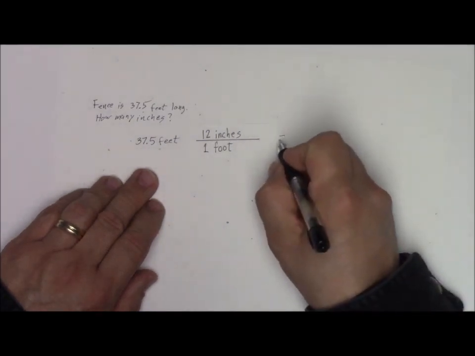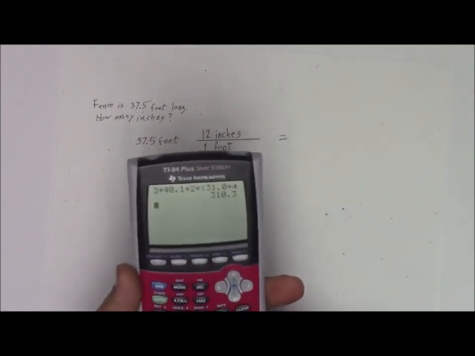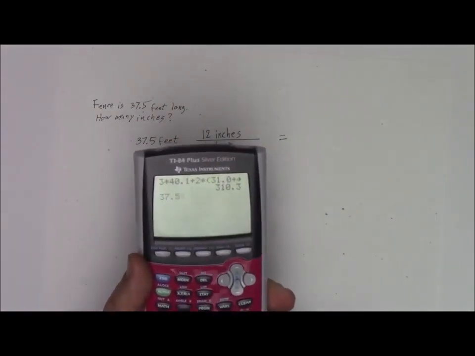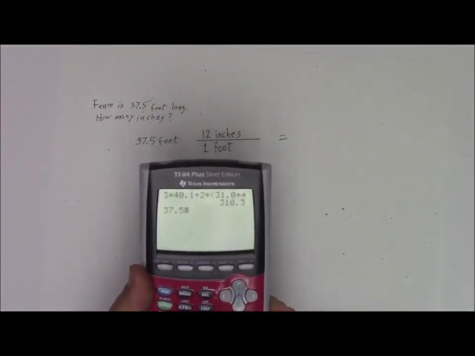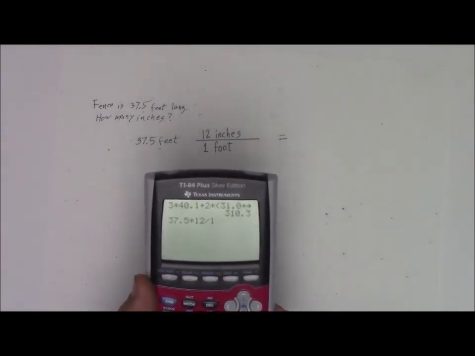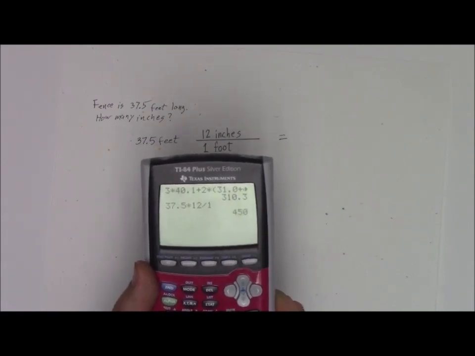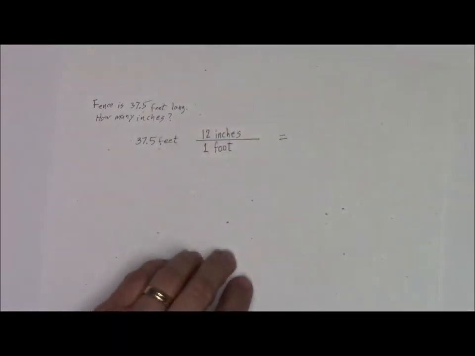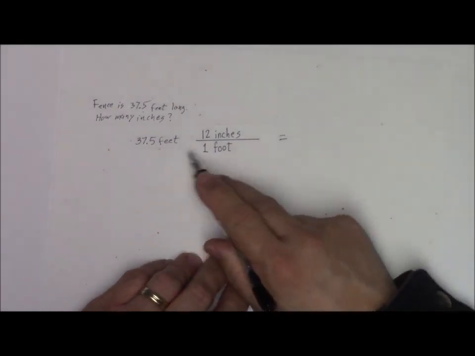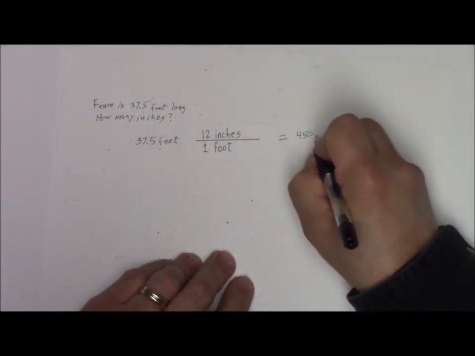So if we use that conversion factor, let's see what we get. 37.5 times 12 divided by 1, you don't have to really do the divided by 1, equals 450. So 37.5 feet is apparently 450 inches.